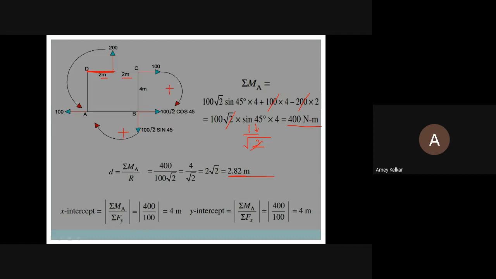Do not worry, directly you can use the calculator and get this answer. X-intercept from A is 4 meters, this point. Y-intercept is again 4 meters, that means this point. So the resultant will be passing like this. And if you plot the exact perpendicular distance, it will come out to be 2.82 meters. This will be your D.